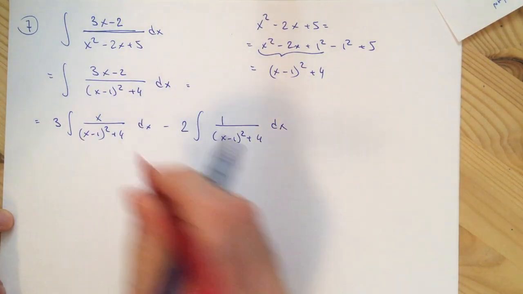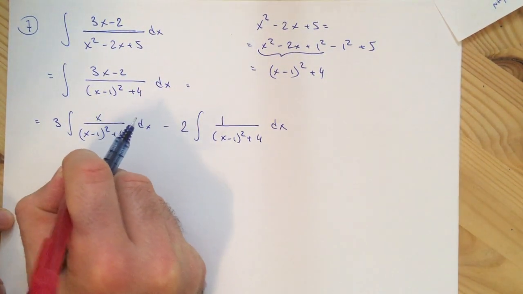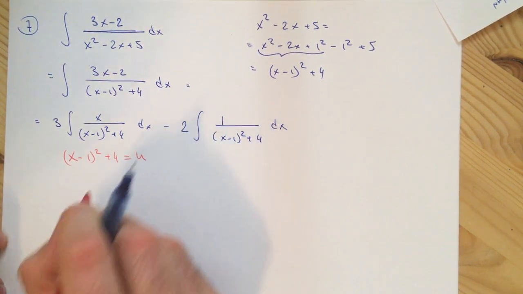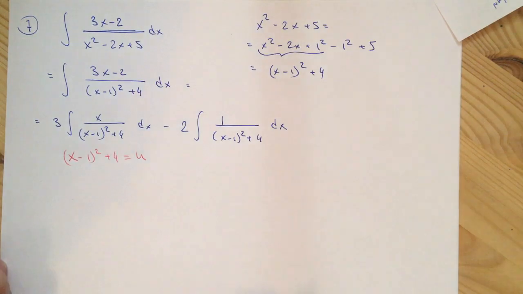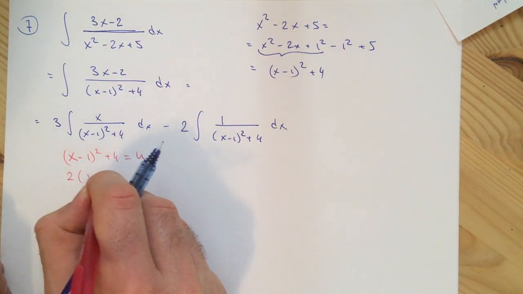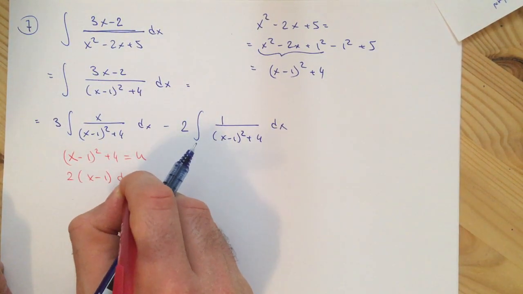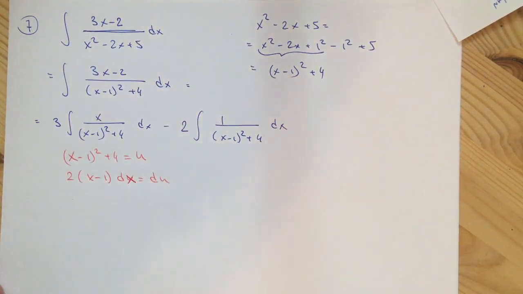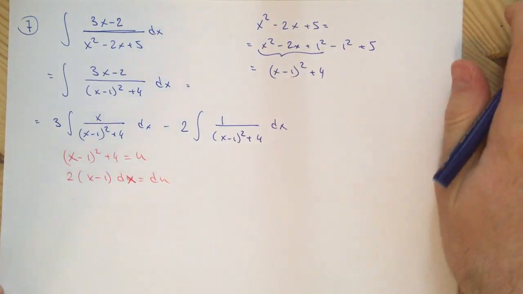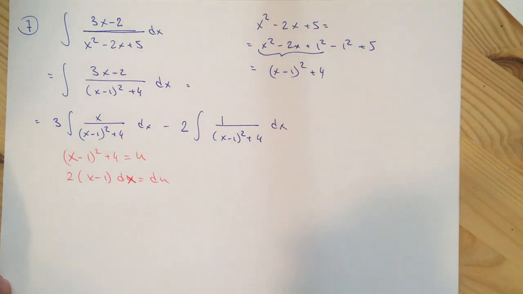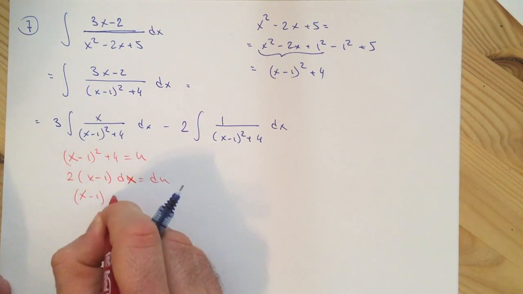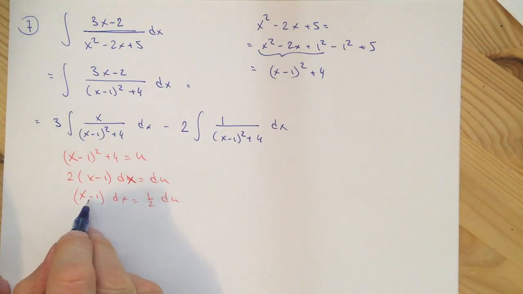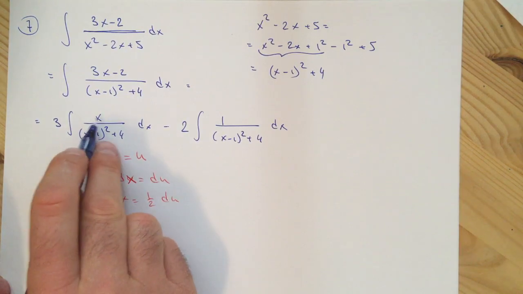For this integral, I have to apply the substitution x minus 1 squared plus 4 is equal to u. What we are going to get is that 2 times x minus 1 dx is equal to du, right? The derivative of 4 is 0. From here, x minus 1 dx is 1/2 du. So you can see I don't have x minus 1 here.